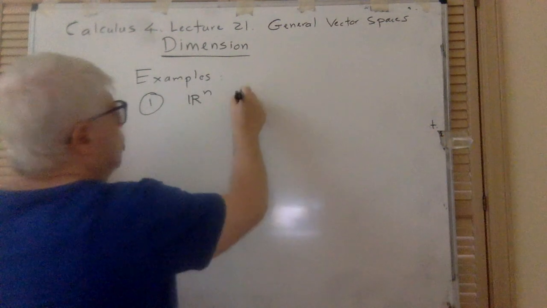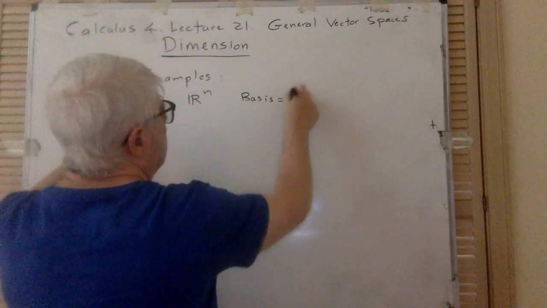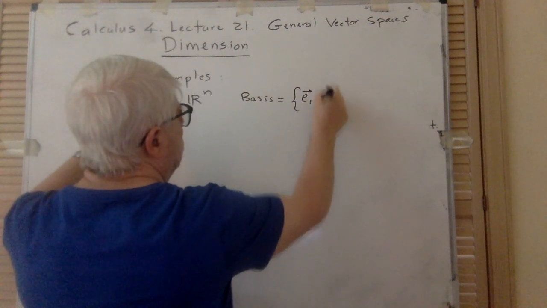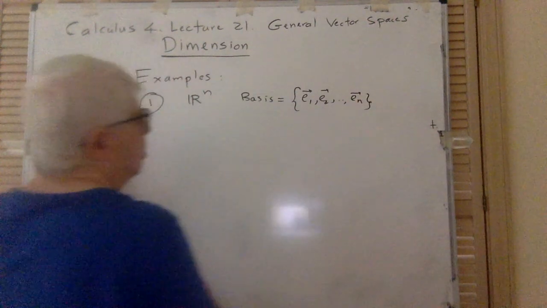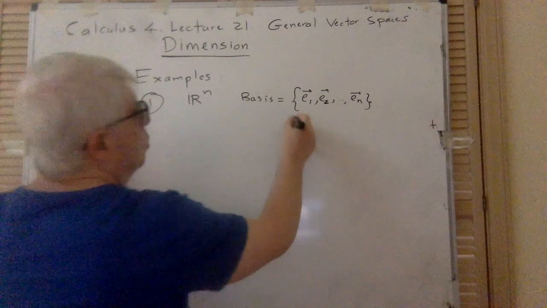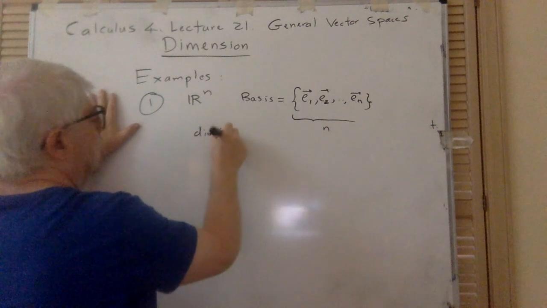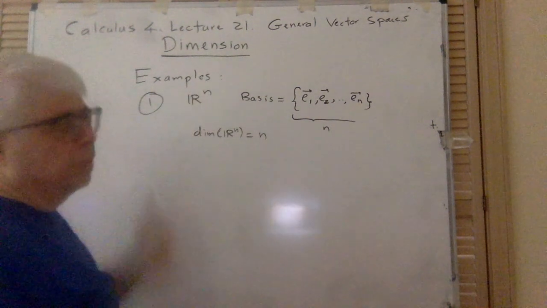A basis for Rn is E1, E2, up to En. Remember the Ei's are the standard basis. And so how many do we have? n. So the dimension of Rn is in fact n.